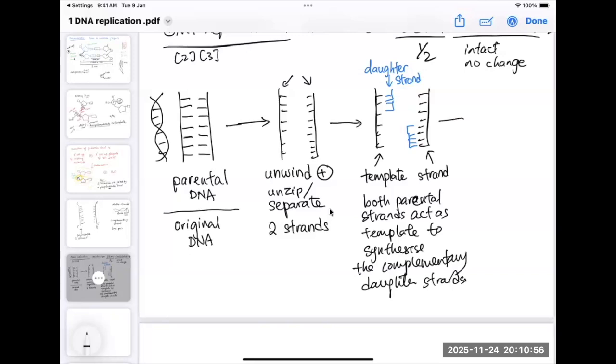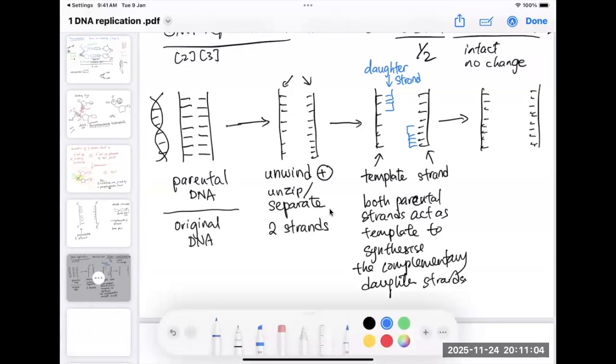Then the third step is this one by now would have completed already. Now, where is the conserved strand? The template strand.